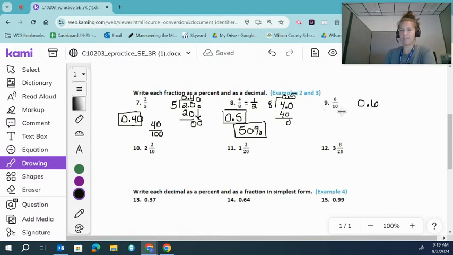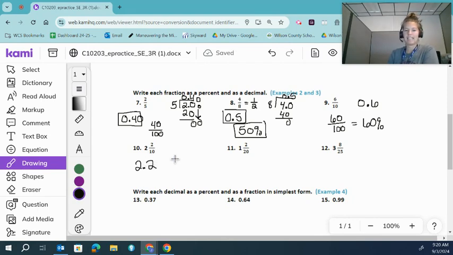And then if we have 6 out of 10, that is going to be 60 out of 100, which makes 60%. All right, and then these have a whole number, mixed number. So a whole number, 2 and 2/10. So we have 2.2, 2 and 2/10.